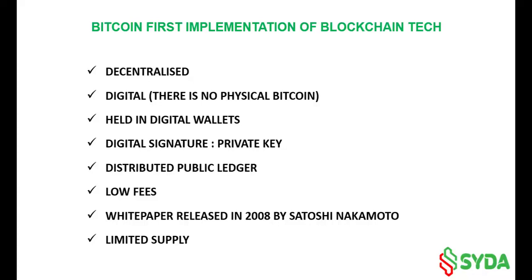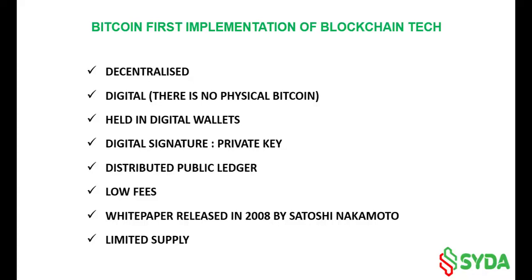So first of all, Bitcoin is the first implementation of the blockchain technology. Remember, in the first video in this course, we talked about Bitcoin and we talked about the blockchain. We talked about how the blockchain works. We talked about the features of the blockchain, the types of blockchain we have, and we also looked at where blockchain technology is being applied.